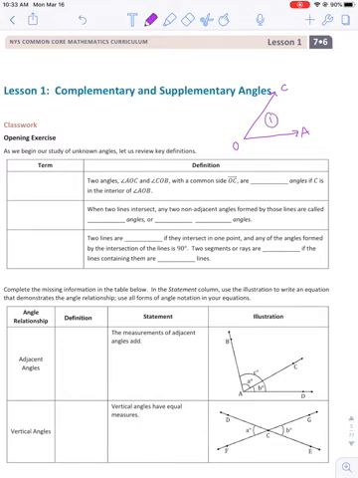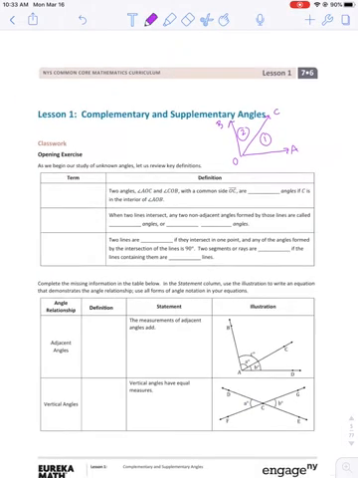And then angle 2 uses the C and O again. And then it also has B. That's angle 2. So they share a common side of C. We call that adjacent angles. Adjacent means next to.